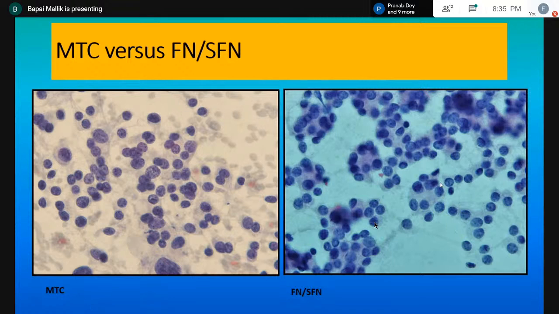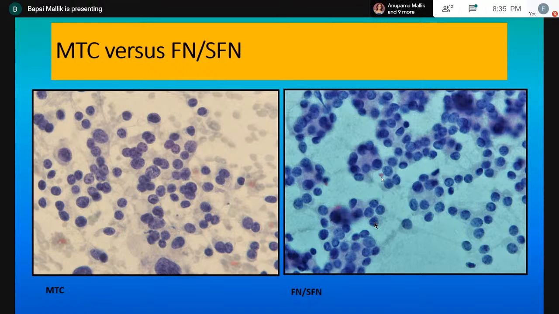So here is something which I find very difficult. This is something which was called a follicular neoplasm / suggestive of follicular neoplasm, and this is a medullary thyroid carcinoma. Now, frankly speaking, I don't find this an extremely useful feature, because to me sometimes the follicular neoplasms also show features which are very close to the so-called stipple chromatin of medullary thyroid carcinoma.